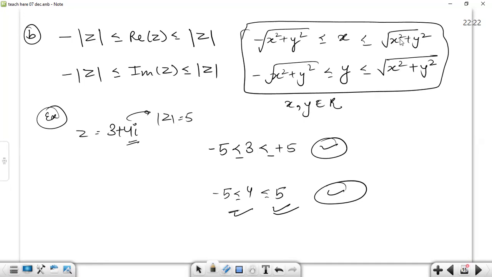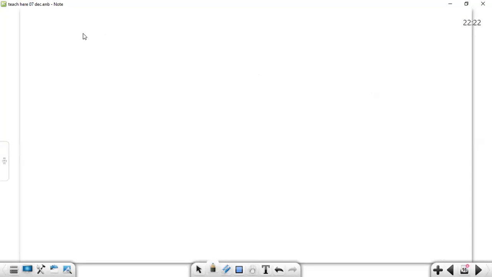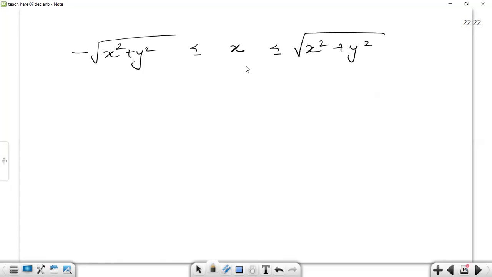If it's greater than x, then definitely it's going to be more than x. Let me give you an understanding of this point. If we take y as 0 here, then what it becomes? Square root of x square plus 0, and it becomes x only, right? So the equality exists here.